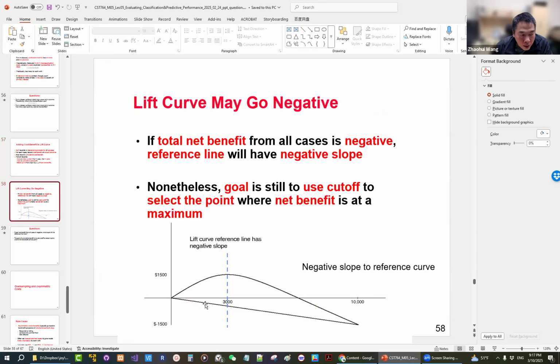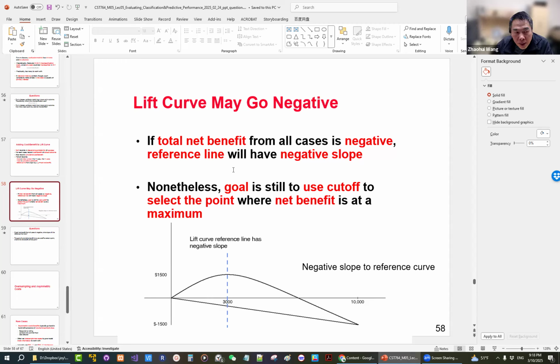Okay, so the result will be like this. And you can see the plot of the cost benefit lift chart has a negative slope, because the cost is too high, so it causes negative values. The cost may be a negative value, and the benefit is a positive value.